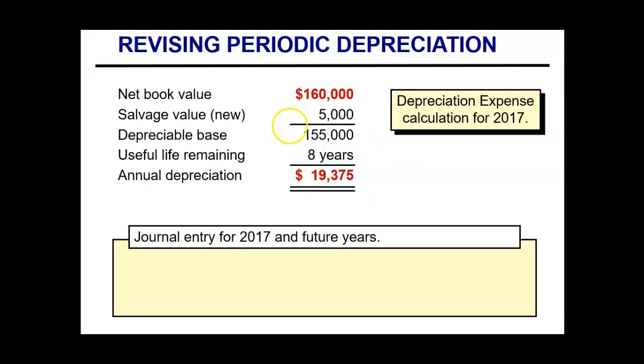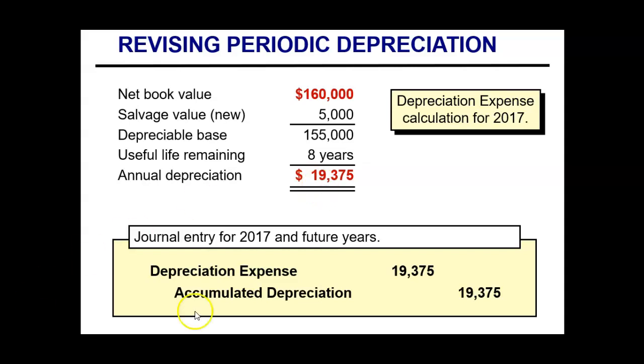Take your depreciable base, the $155,000, divide that by the 8 years to get annual depreciation for the remaining 8 years of $19,375. So for the next 8 years, we'll make this adjusting entry at the end of each year to recognize the annual depreciation expense.